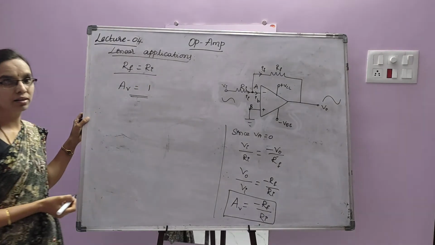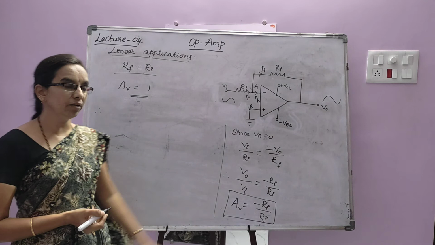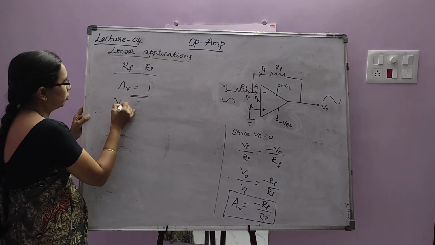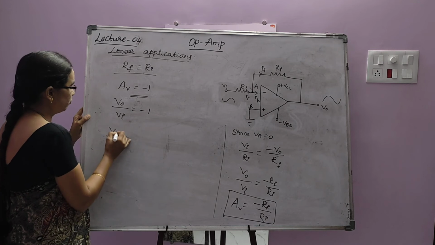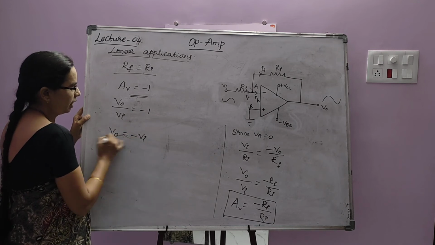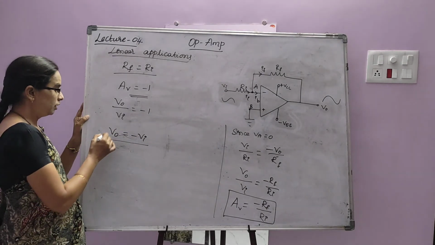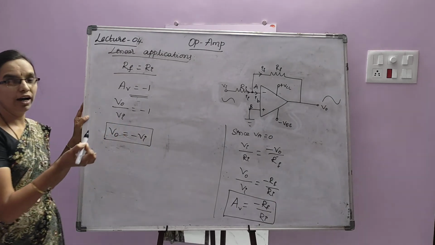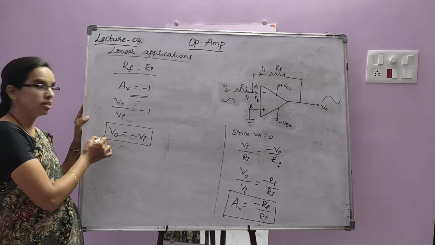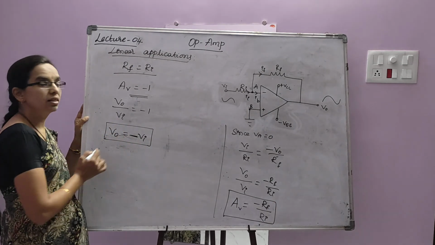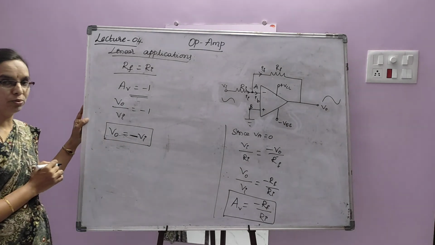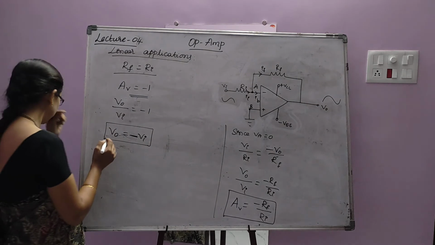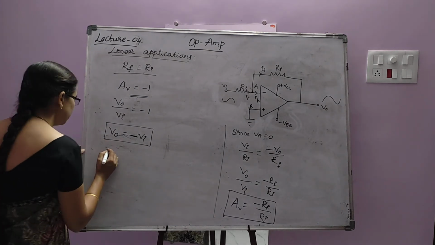The magnitude of the gain of the amplifier will be 1, or V naught by VI is equal to minus 1, or V naught is equal to minus VI. That means the magnitude of the output voltage remains constant, only the negative sign indicates it will be out of phase with the input signal. So it works as an op-amp inverter.